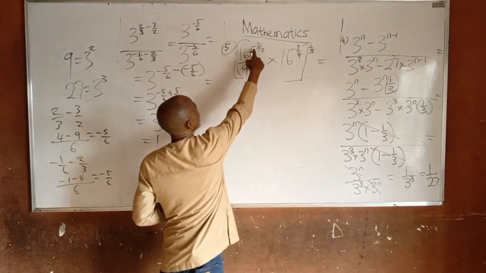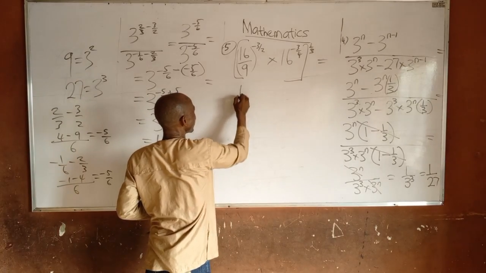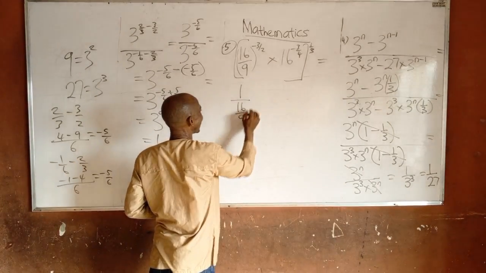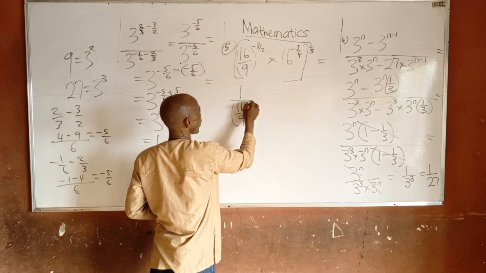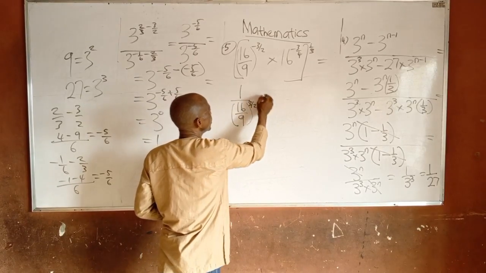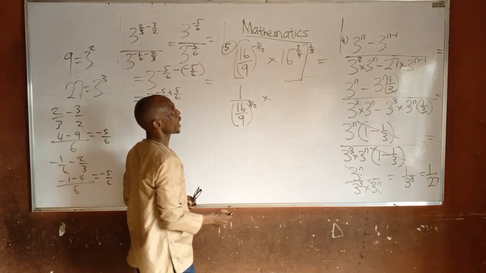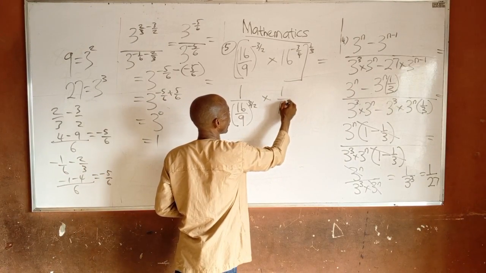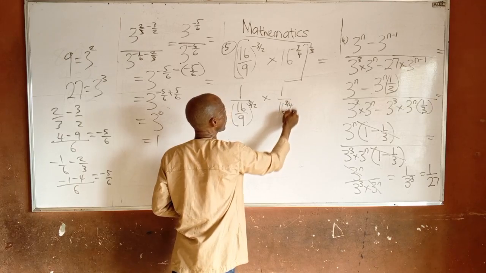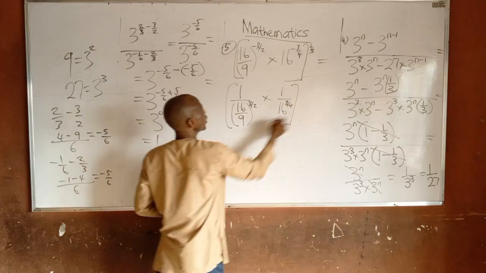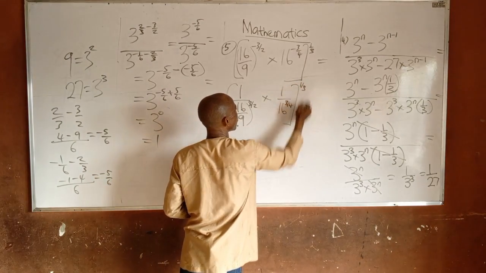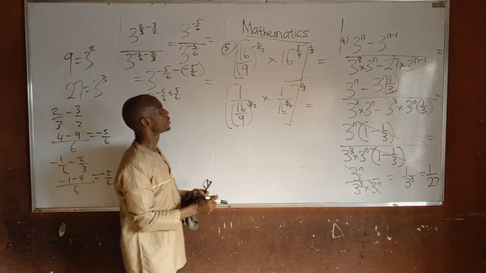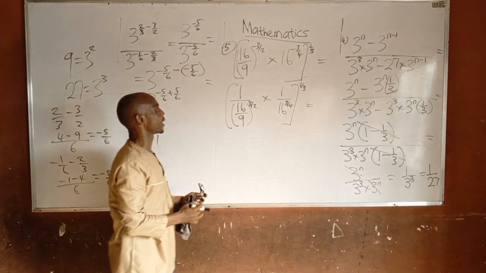We have 1 all over 16 over 9 raised to power 3 over 2 times 1 over 16 raised to power 3 over 4, then all in 1 raised to power 1 over 3. That is basically what we have. This is indices.